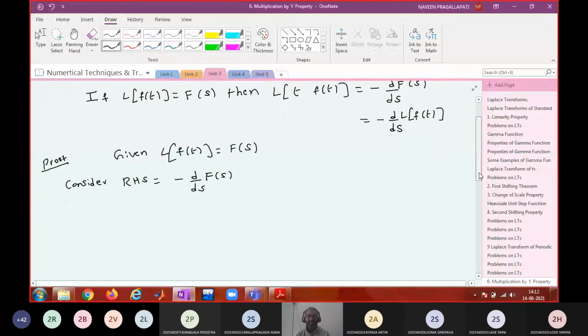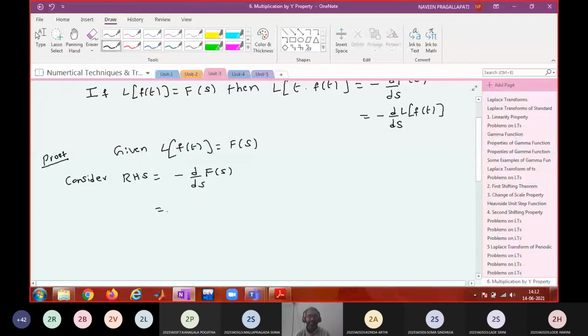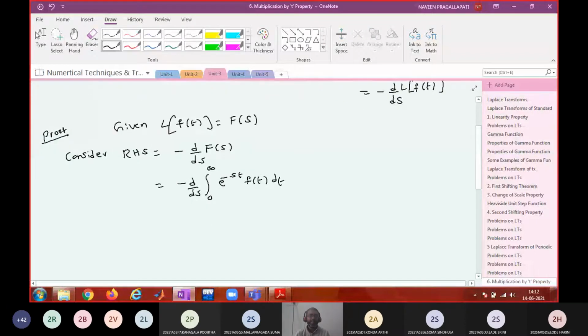What is the integral definition of F of s? Integral 0 to infinity e power minus st f of t dt. Now what you do, you take this derivative inside.